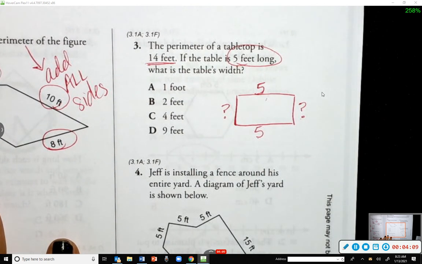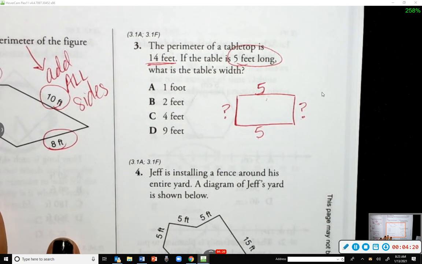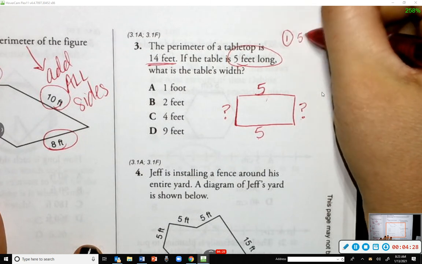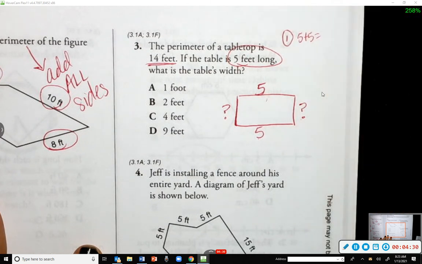Okay. So who can tell me what I do first to find the missing sides? Kaylee, what do you think? I think you have to add up the same numbers and add them with 10. Yep, you're going to add the sides you know, which is 5 plus 5, which equals 10.